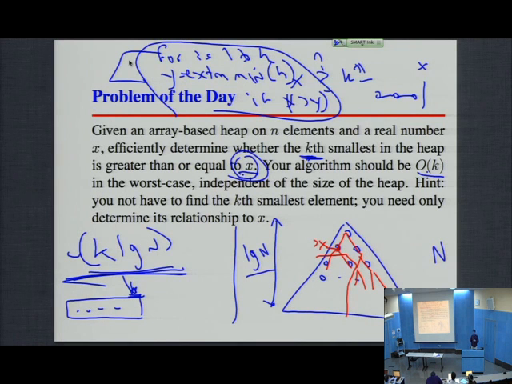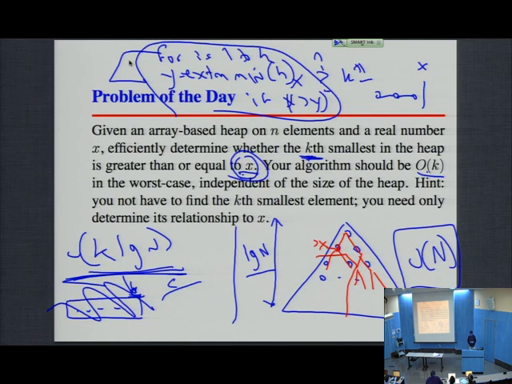If you're greater than x, I'm just going to move on to the next element. Does everybody see this? I am not maintaining a data structure here. All I am maintaining is a counter C, the number that I see that are less than x. And that certainly, I believe, can be done in order n time. Does everybody agree with that?